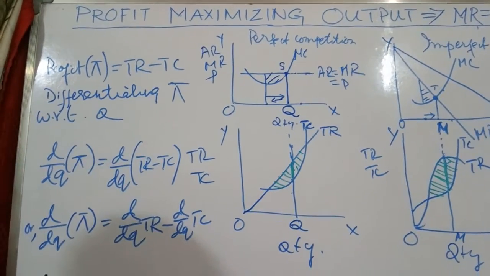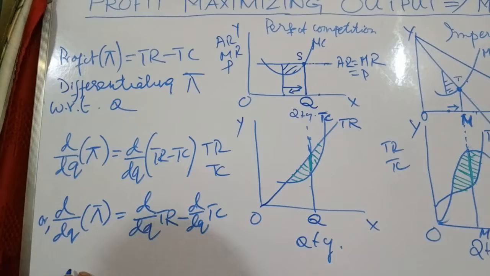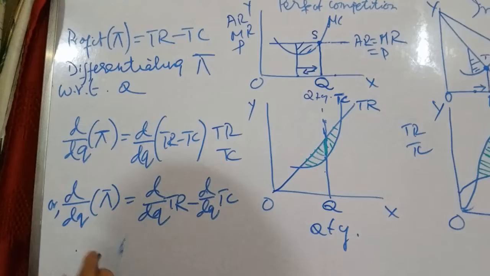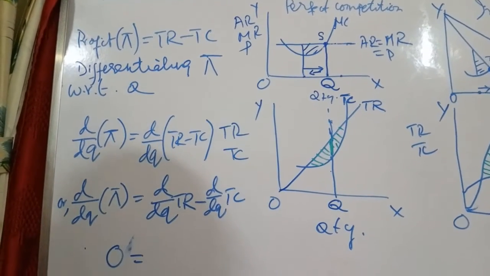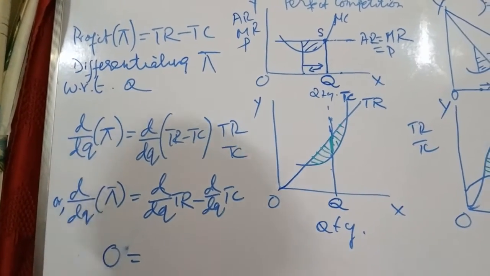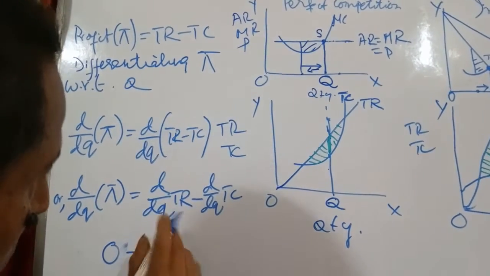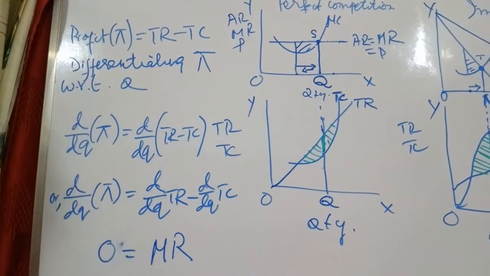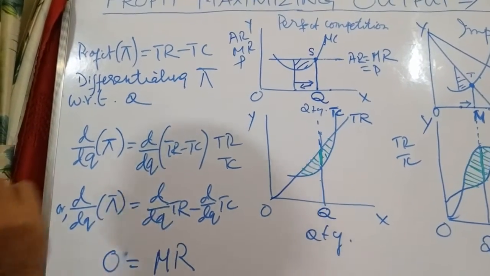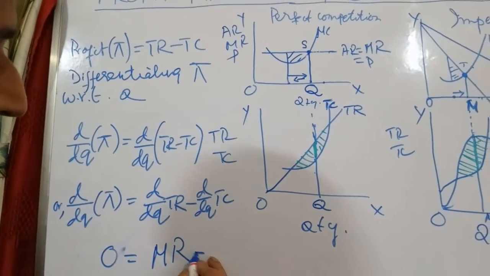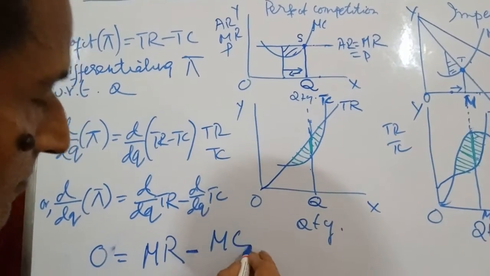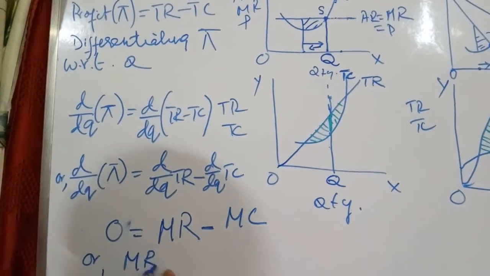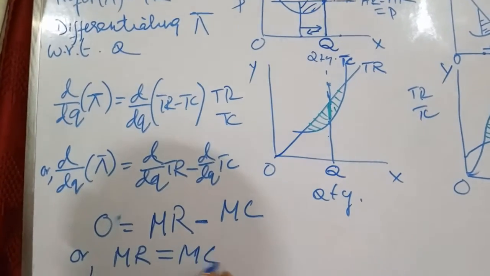Now dπ/dQ is zero, because at maximum profit, the change in profit is zero. So 0 equals d/dQ TR, which is MR, minus d/dQ TC, which is MC, or MR equals MC.